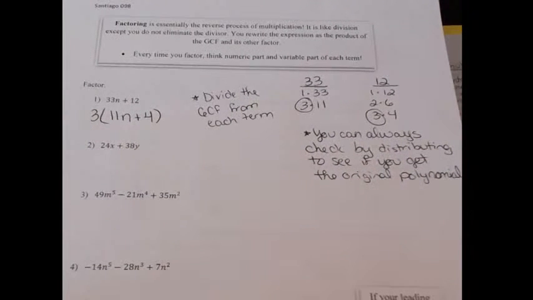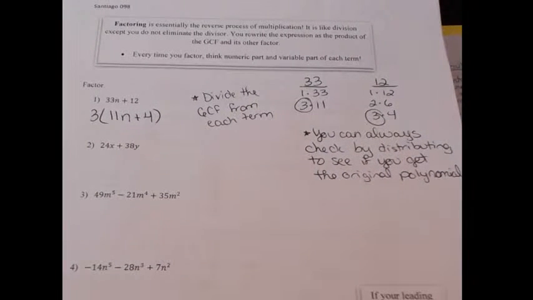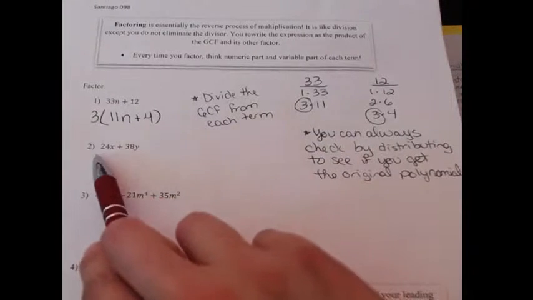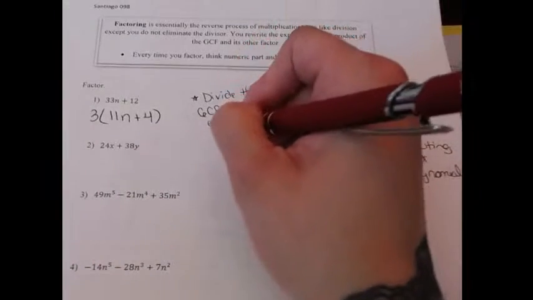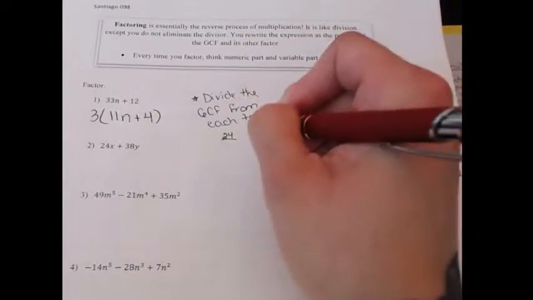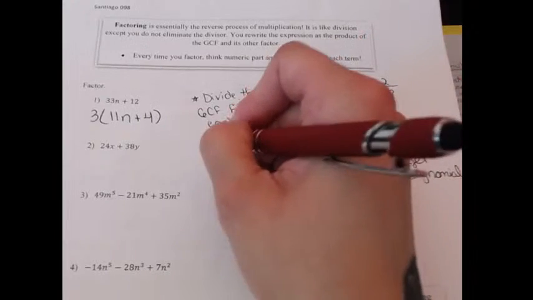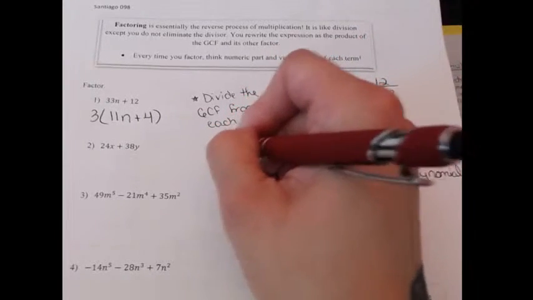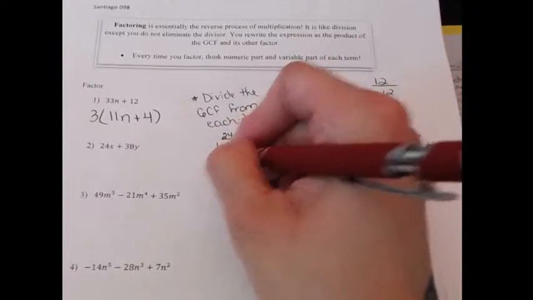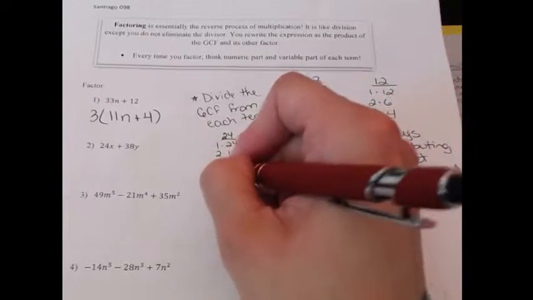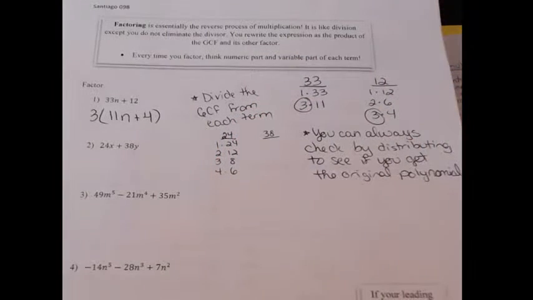Let's try number 2. Number 2 reads 24x plus 38y. Numeric part, variable part. For our 24 and 38, again, we can quickly write these out. 24, 38. So we have 1 times 24, 2 times 12, 3 times 8, 4 times 6.